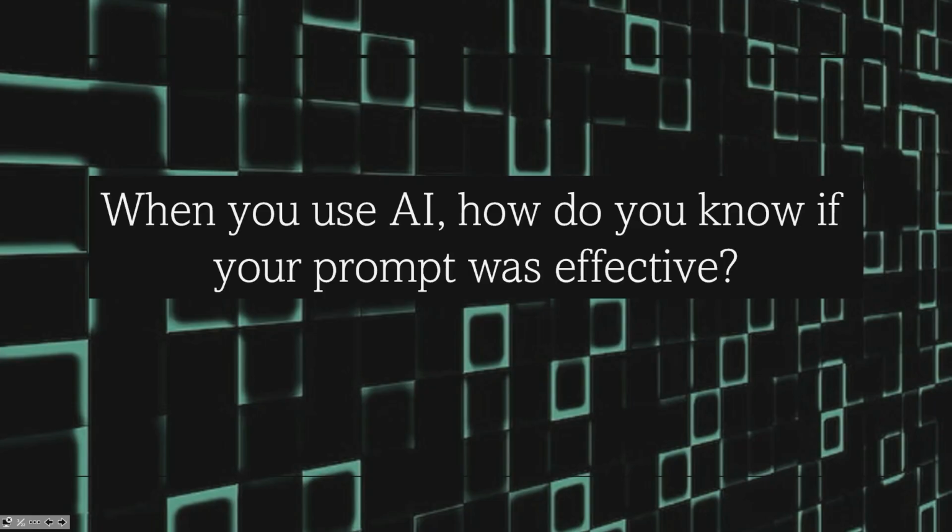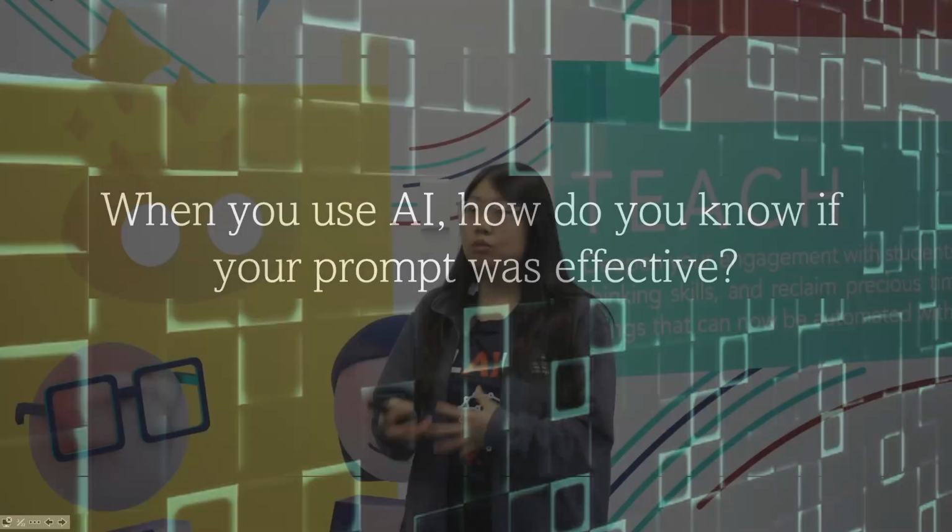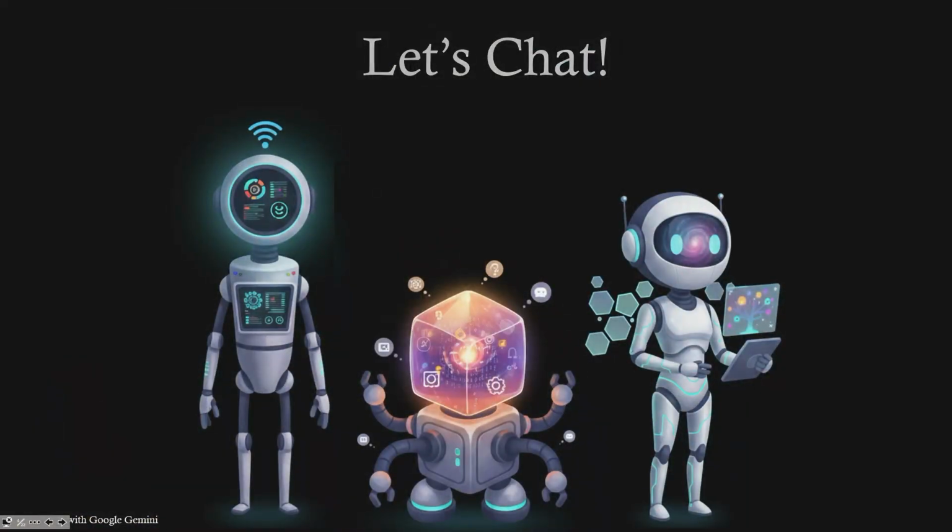A bad prompt just means, do you have enough information for the AI to understand your question and have less prompting? And a good prompt just minimizes the number of times you have to answer the 1,000 questions it asks you. So let's start by seeing who our AI users are.